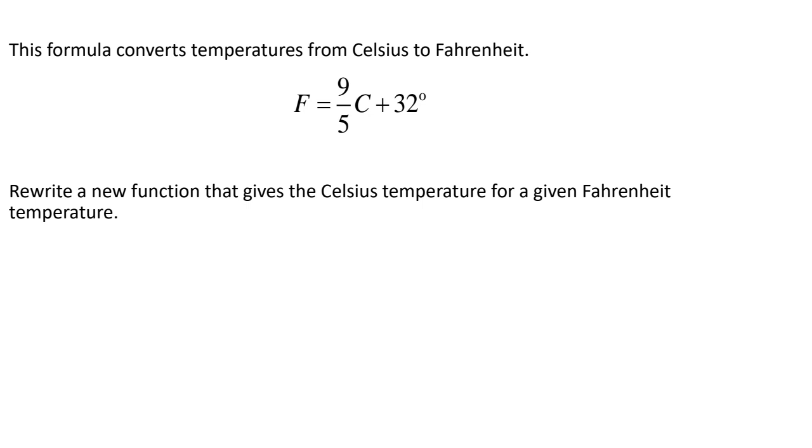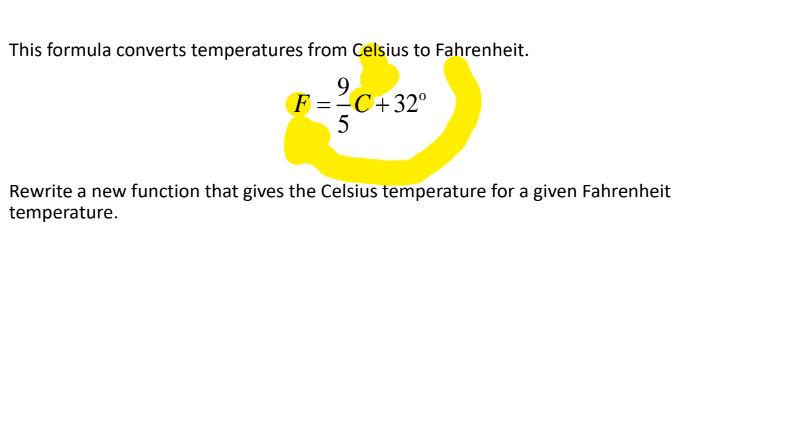Celsius is the C, Fahrenheit is the F. Now, they call it a new function, but it's another way of saying, give me a new equation that gives Celsius for the given Fahrenheit temperature. This is saying that I want to solve for C.